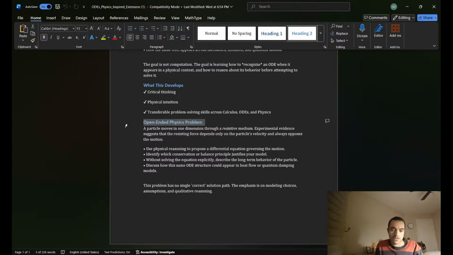So we want to use some form of physical reasoning to propose a differential equation governing the motion.